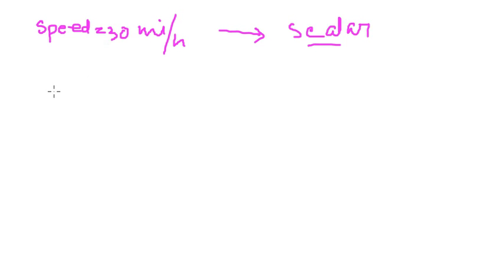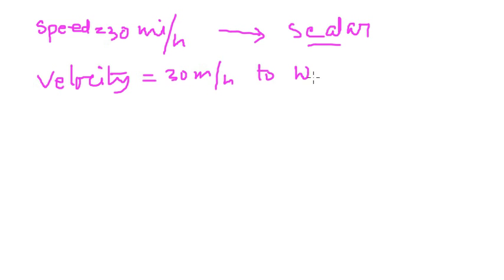But if I say a car is moving with a velocity of 30 miles per hour to the west maybe, here I am not only mentioning the magnitude but also a direction, so it is a vector quantity.